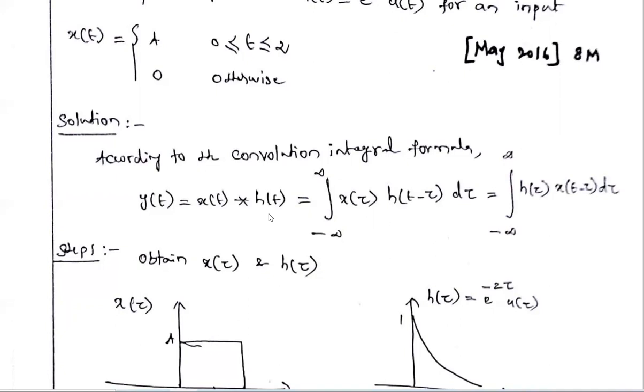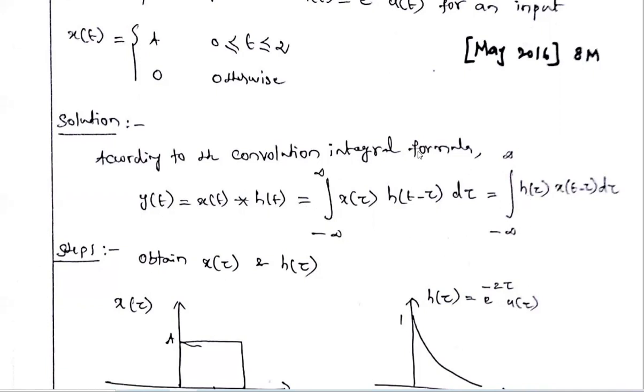Convolution obeys the commutative property. What does commutative property mean? The first signal convolved with the second signal gives the same result as the second signal convolved with the first, that is, x(t) convolved with h(t) is always equal to h(t) convolved with x(t). So in any direction we can perform the convolution and get the same result.